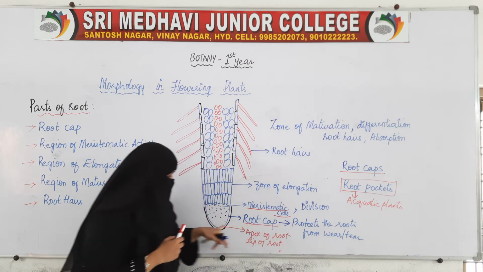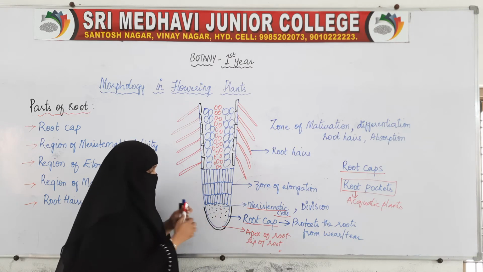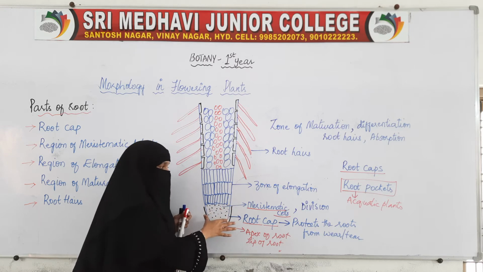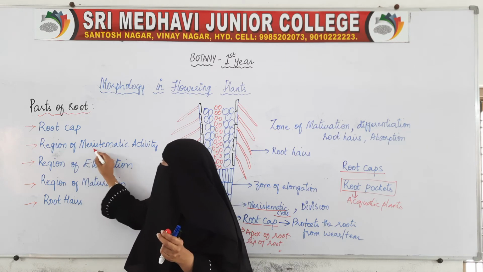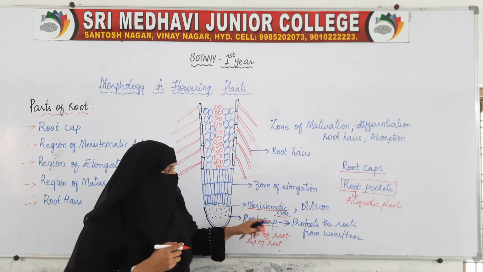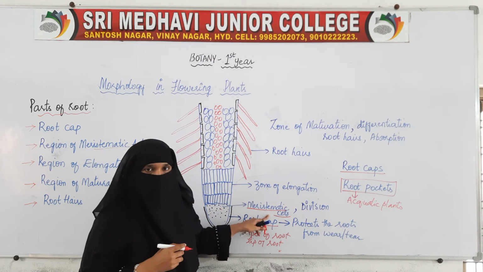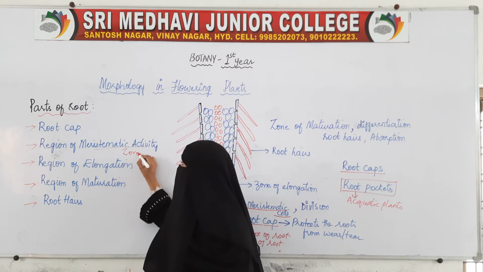So just above this tip we find meristematic cells, and the place where we find these meristematic cells is called the region of meristematic activity. We can even call it the zone of meristematic cells.